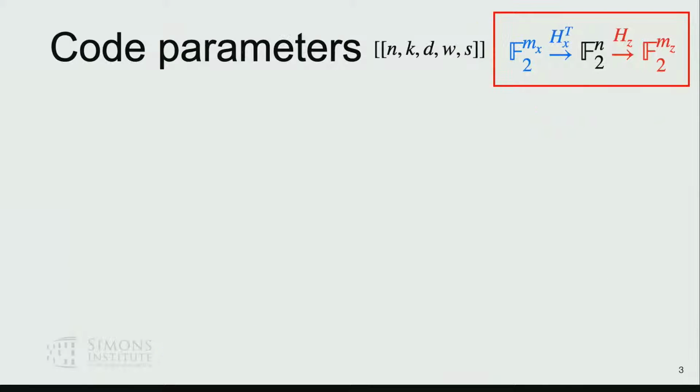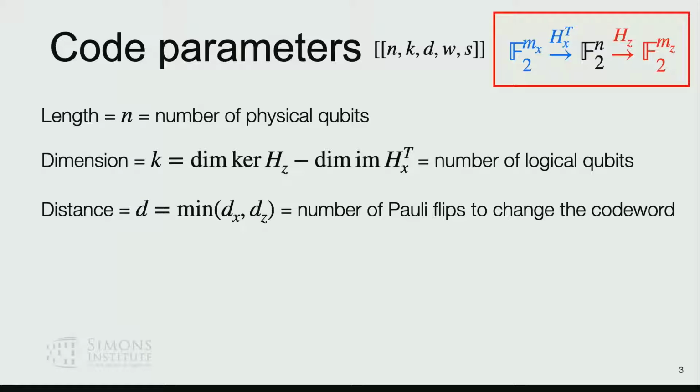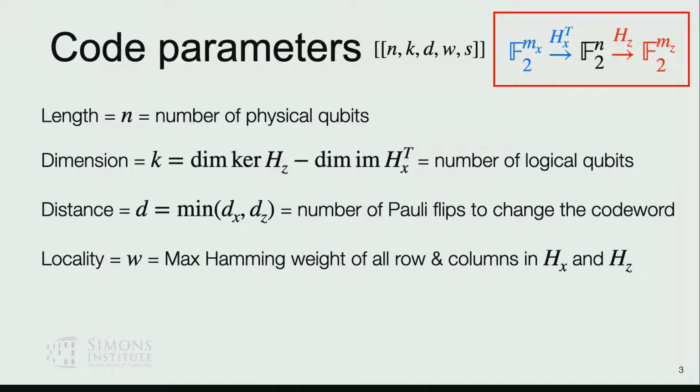Okay. And for this talk, we'll care about these 5 parameters: n, k, d, w, and s. So n, k, d are fairly standard. They're the number of physical qubits, the number of logical qubits, and the number of Pauli flips that change from one codeword to the other. And w here is the locality, which is the maximum Hamming weight for all the columns and rows in Hx and Hz.